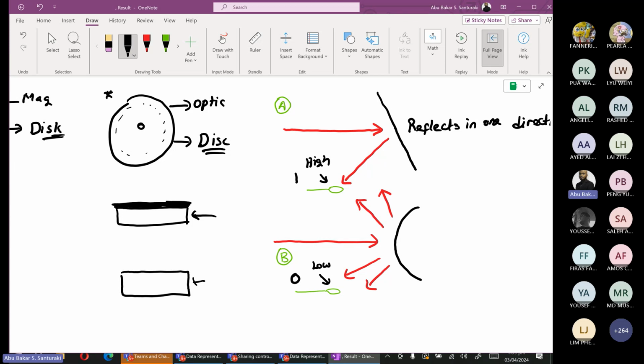And when it solidifies in this rough pattern, if you now shine a light on this, it will scatter in multiple directions. So you can now have a lens that will pick up the reflected light and measure its quantity. This is why we call burning things to a CD literally CD burning, because you're literally burning the lacquer that is sandwiched in between the plastic that makes up the CD.